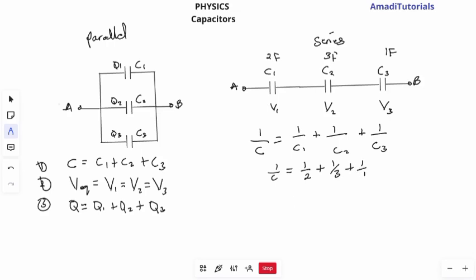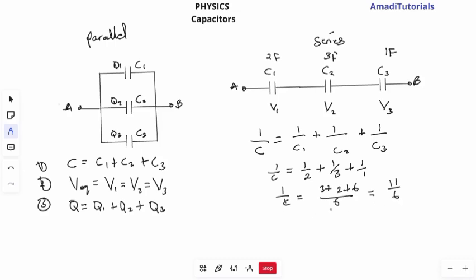And then when you evaluate this, 1 over C will be equal to, the LCM of the denominators there is 6. So here you will have 3 plus 2 plus 6. This is addition of fractions. So you end up having 11 over 6.